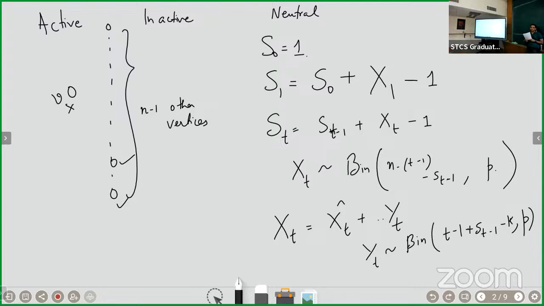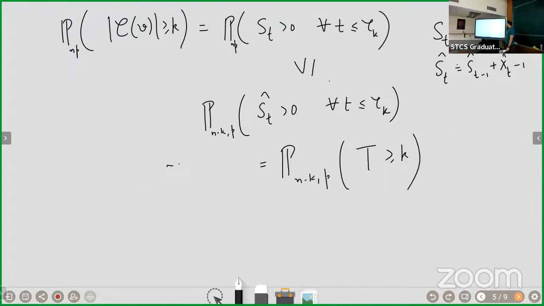There is some strange property of the binomial distribution that I will write. I didn't know that was true.